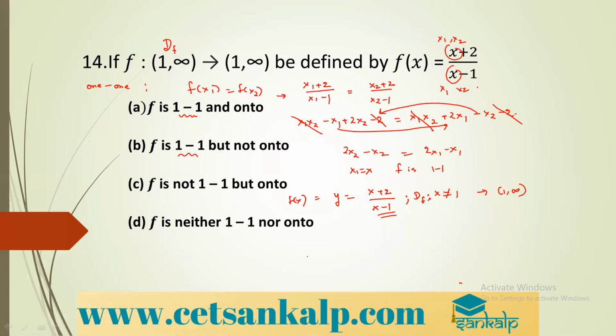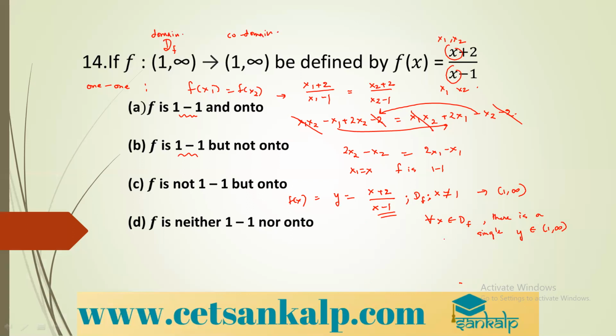So that means we can say for every x in the domain, there is a single y in the codomain. That means 1, infinity. You know, this is the domain of the function, this set, and this is the codomain of the function.